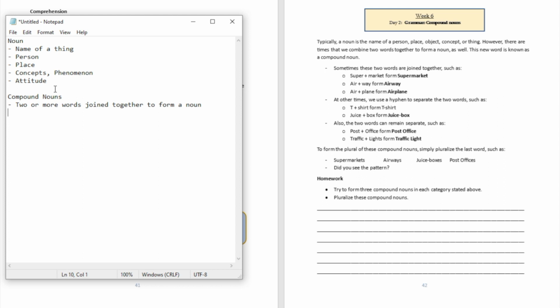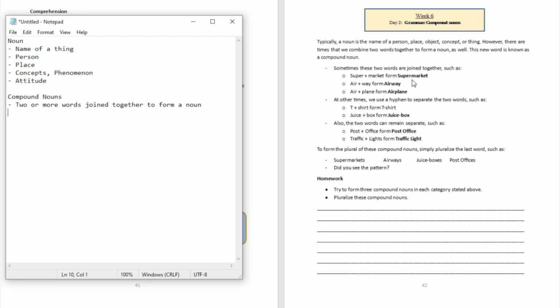Alright, so look at this example over here. If you have the word super and then the word market, you can have supermarket. Supermarket is going to be a compound noun which has the word super and market together, and then it forms another word that we can call supermarket. That's a compound noun.